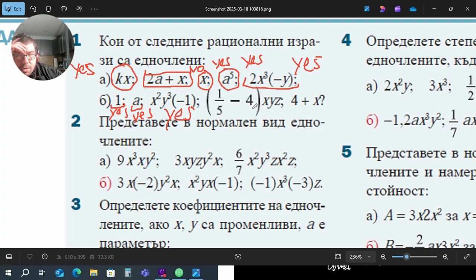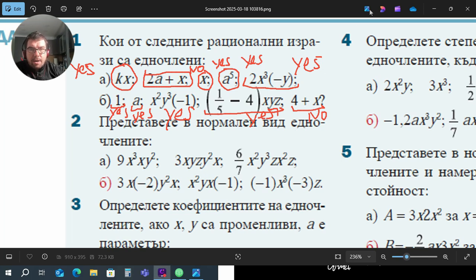1/5 minus 4. Well, this is minus 3 and 4/5. So this is a constant here, times some variables. Obviously, yes. And 4 plus x. Is 4 plus x a monomial? No. I'm adding two expressions, so this is not a monomial.